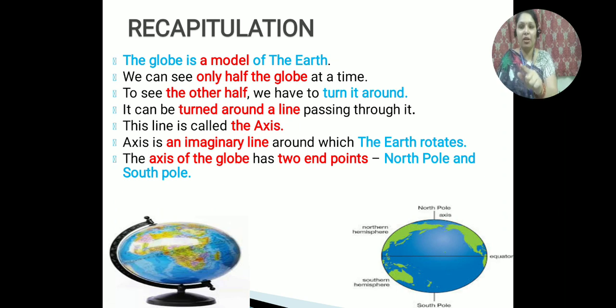On the north side, there is the North Pole, and towards the south, there is the South Pole. And the earth is divided into two equal parts by the longest parallel line, which is called the equator.